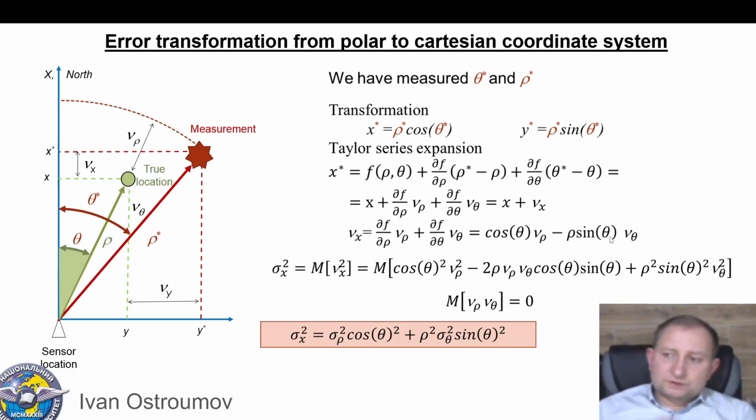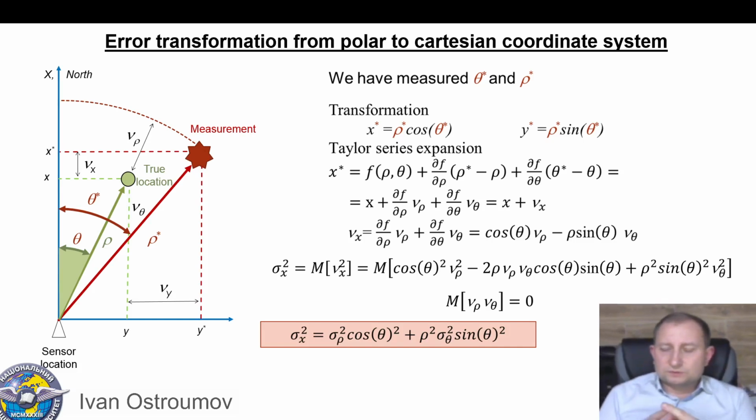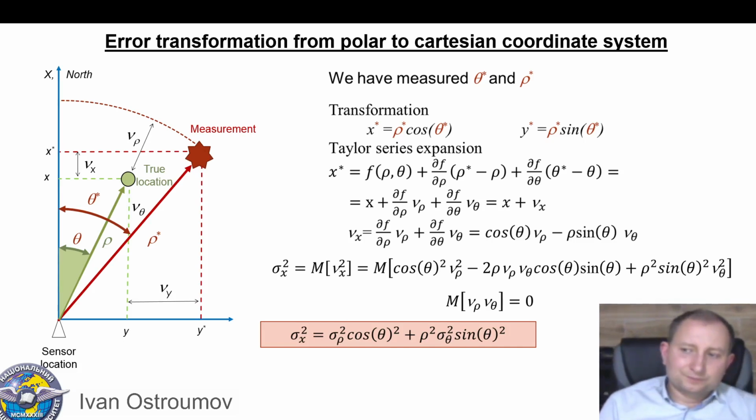Usually errors we represent as mean square deviation error. However, mean square deviation error, it may be not very useful. That's why usually we talk about dispersion. And dispersion, it is a squared value of mean square deviation.